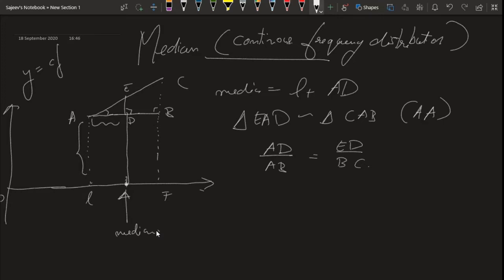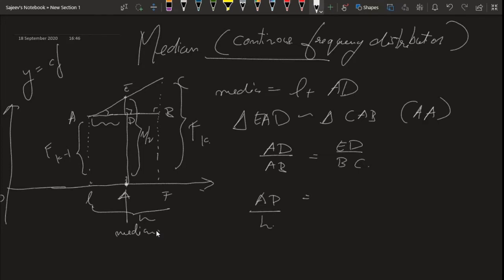Let's mark my CL as F of K minus 1. A capital F represents cumulative frequency. So capital F of K is this CF, and the height of that median point is N by 2. Now from here I can write, let AB be h, so AD by h is equal to ED by BC.